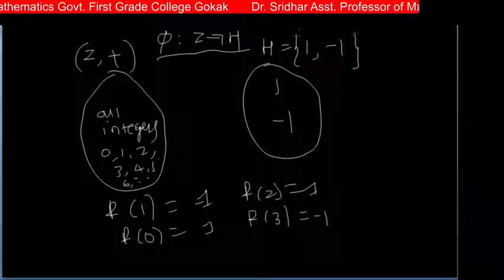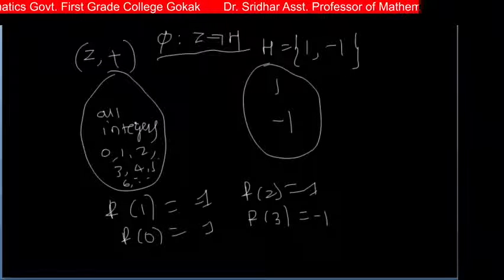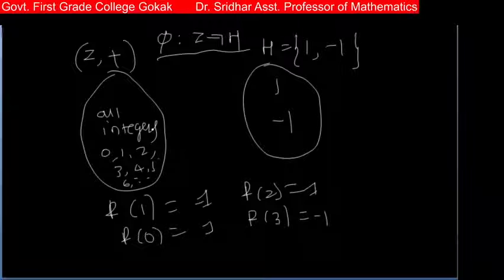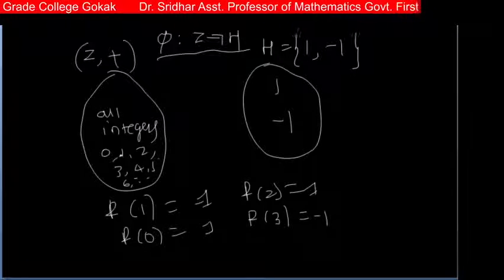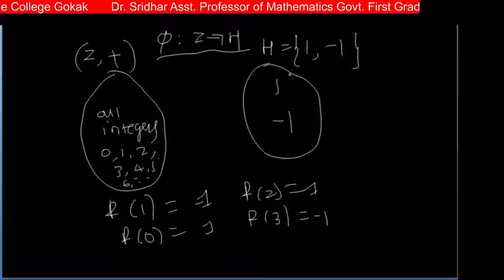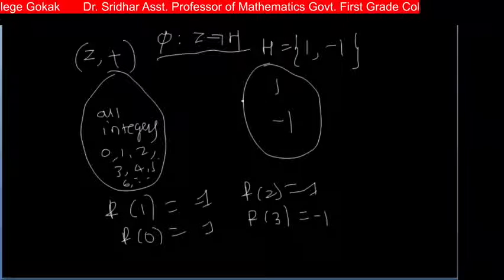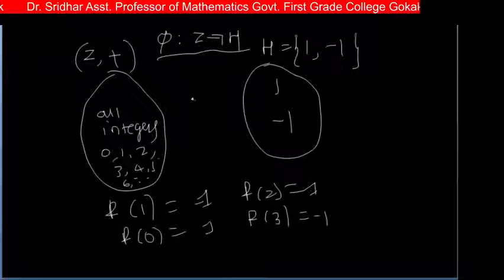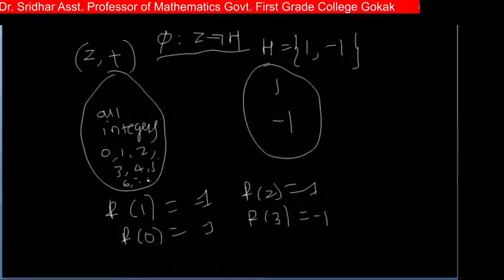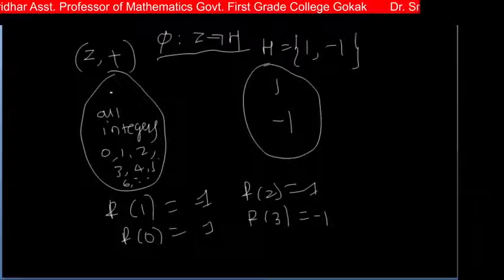Mapping means a rule of assignment. So we are assigning the elements of the set H to the elements of Z plus by the given rule. Here we have taken two groups.